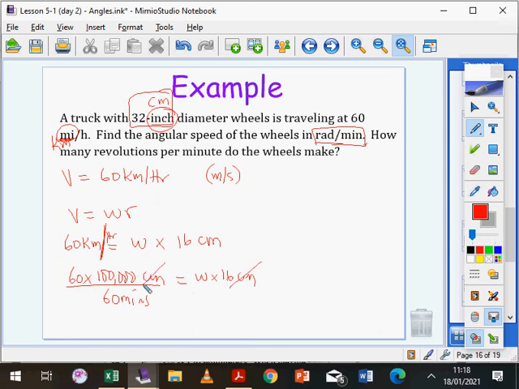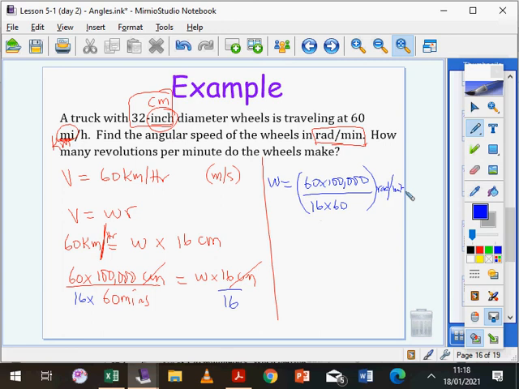If I want to make omega the subject, I'm also going to divide by 16 on this side and at the same time by 16 on this side. So my omega at the end of the day is 60 times 100,000 divided by 16 times 60, and my answer is going to be in radians per minute.